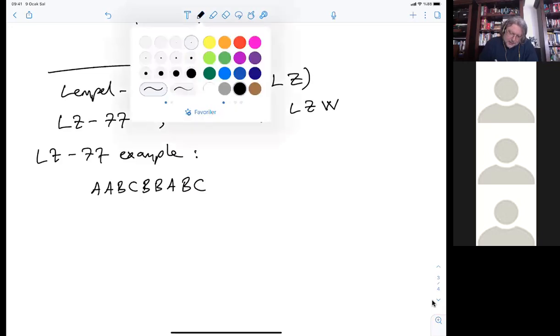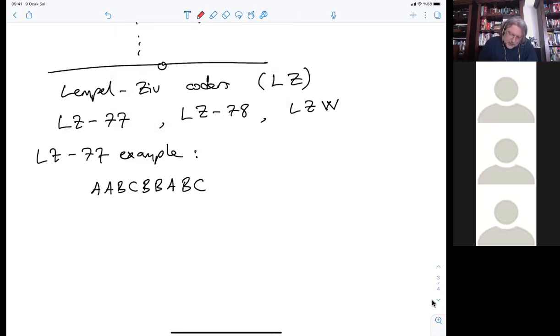Let's say that we are here. For the first symbol, there's nothing to do. It may sound awkward and it may look like expanding the data, but it is indeed expanding the data if such a short sequence is being compressed. The longer the sequence becomes, the more efficient it will get.